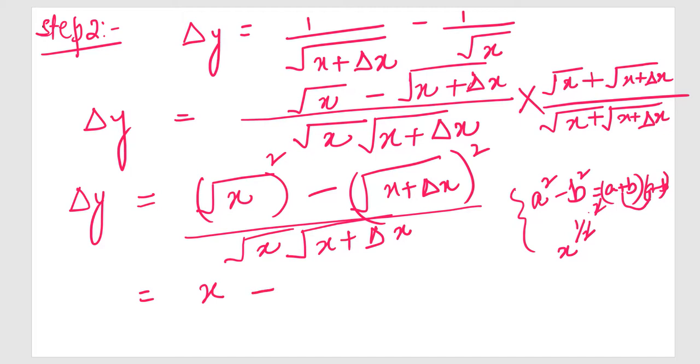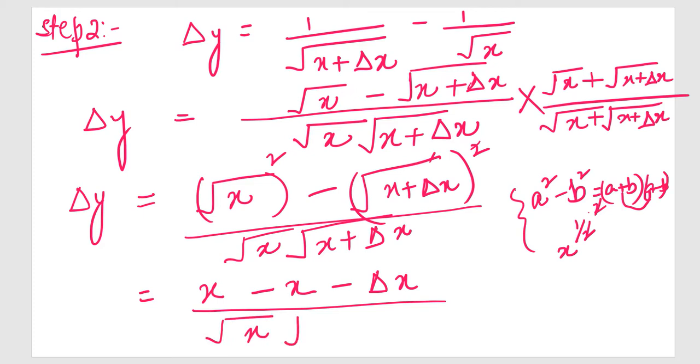Same thing. This is the square, so this will cancel this, only we have x plus delta x. But here we have a negative sign, so this negative sign will make this x negative and this plus negative as well, so it will be negative x into negative delta x. In the denominator we have square root of x into square root of x plus delta x.